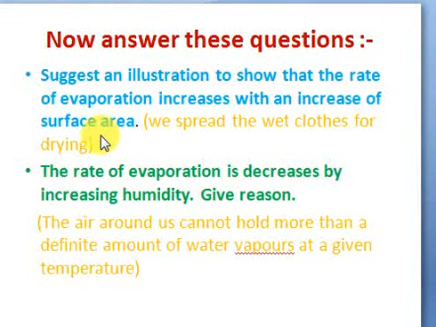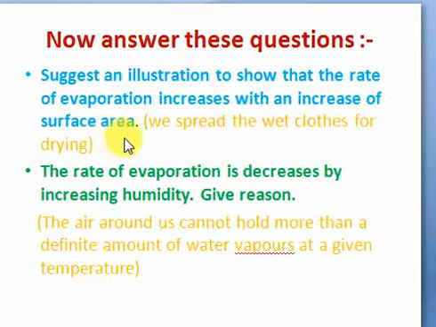Now let us study. I am going to take the drying of wet cloth. To get the wet cloth dry soon, we have to spread it over some objects. Generally we spread the wet cloth over some object for drying.